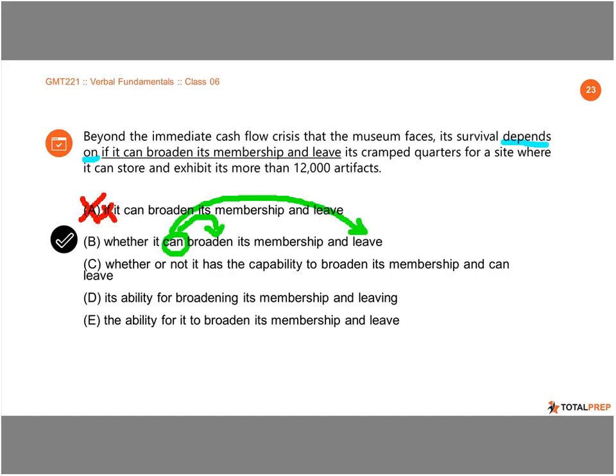So what is wrong with C? Whether or not, just to let you know, GMAT discourages "whether or not." It's not a good use. They consider that's not so good because if it's "whether," there's the possibility of this situation not happening.